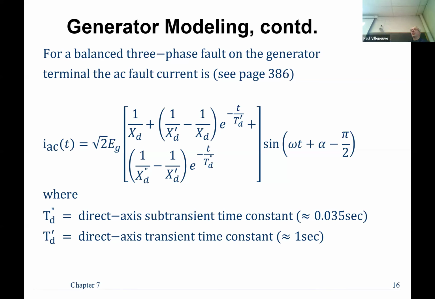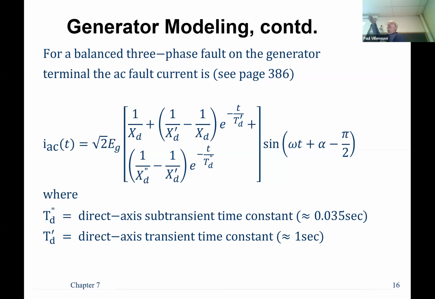So if we're under a shorter time period, then the 1 over XD prime and the minus 1 over XD come into play. That would cancel out the steady state value, and you just get the fault current contribution from the transient value. If it's even shorter than that, then we cancel out the transient current contribution and just have the subtransient.